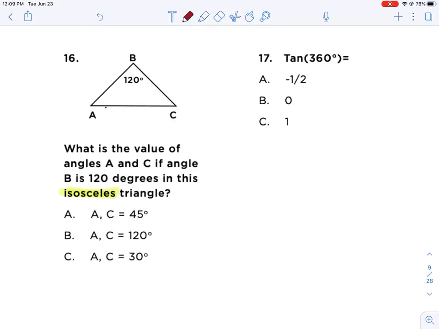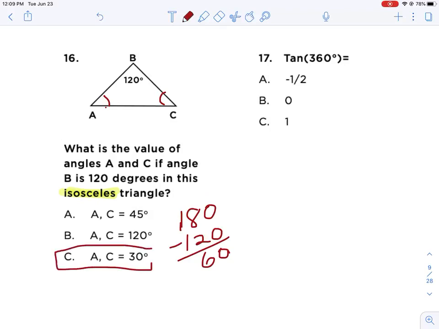What that means is this angle and this angle match. And so 180 minus 120 is 60. Now you notice 60 isn't one of the answers. That's not the answer. A and C total 60, so that means they both have to equal 30. In an isosceles triangle, the two base angles are going to be equal, the ones across from the equal sides. So there you go.